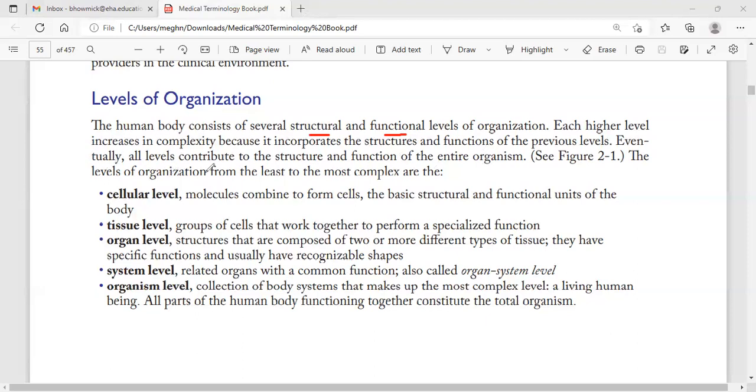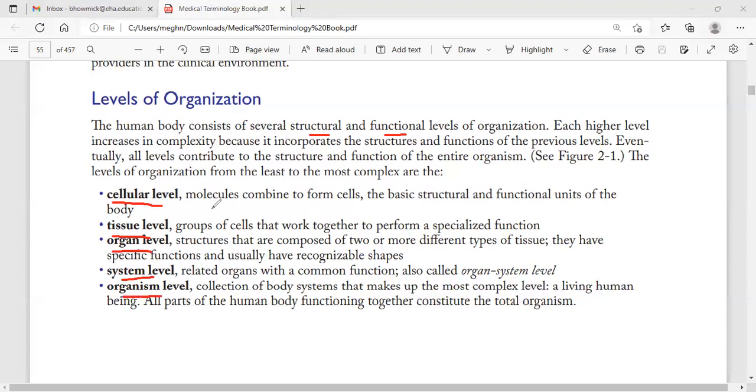The levels of organization from least to most complex are cellular level, tissue level, organ level, system level, and organism level.